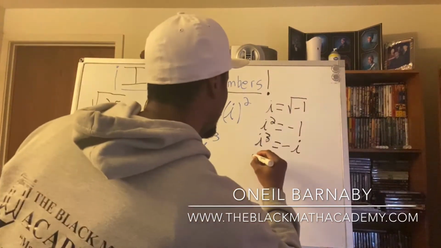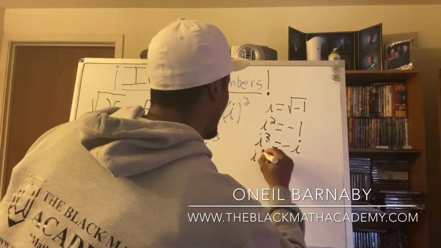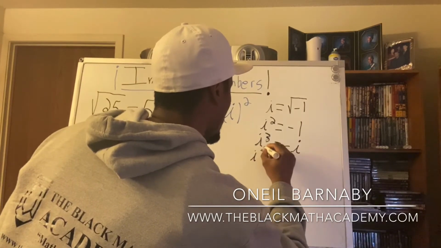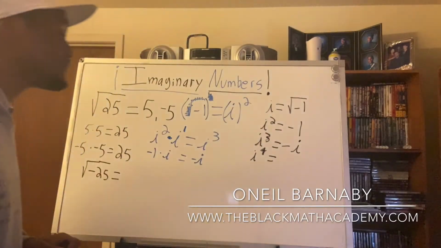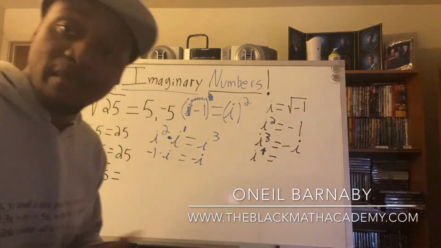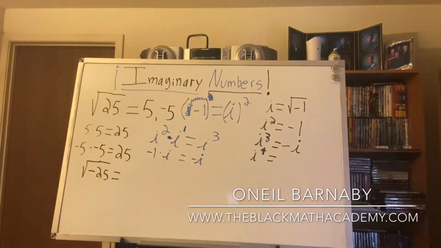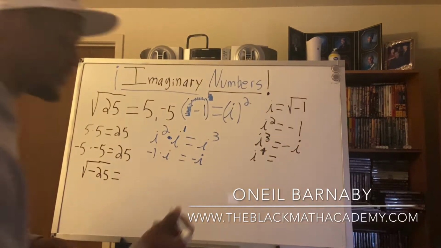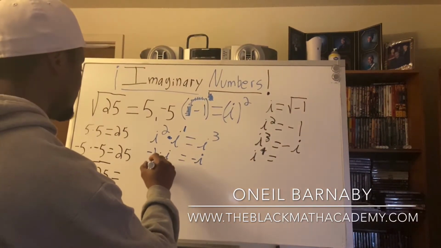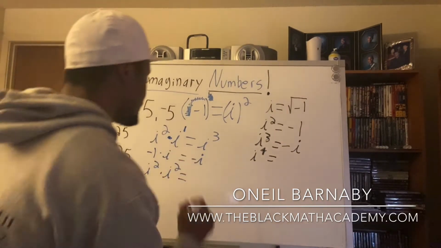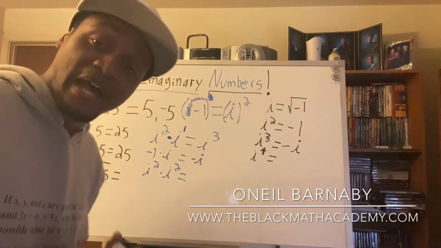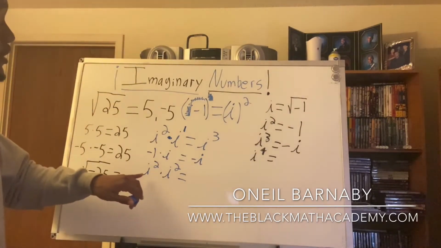Let's say you wanted to find out the value of i to the 4th. Right? So we'll use the same tricks that we did before. i to the 4th can be rewritten as the expression i squared times i squared. Again, multiplying powers with the same base, we add their powers.